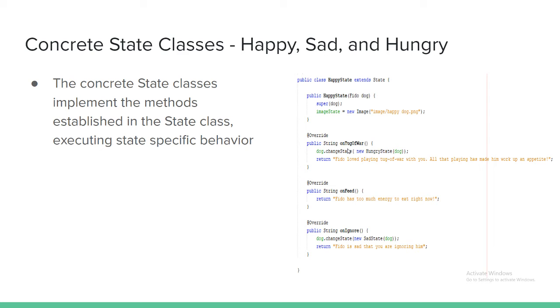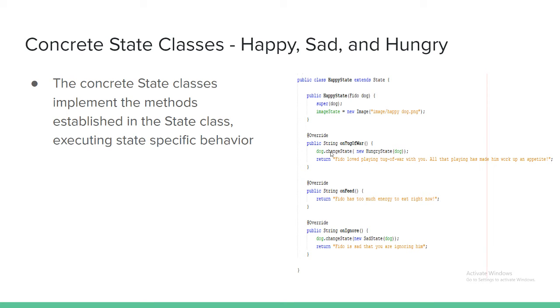How Fido reacts to each activity when he's in the happy state is displayed by these functions. So when you play tug of war with Fido when he's happy, it says Fido loved playing tug of war with you, and now he's hungry.